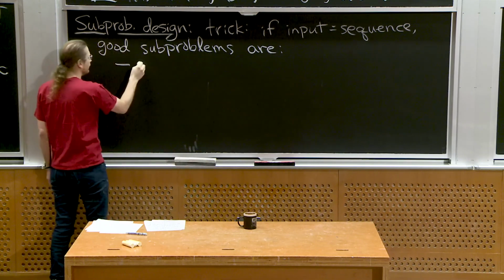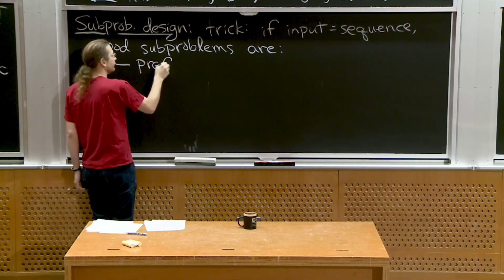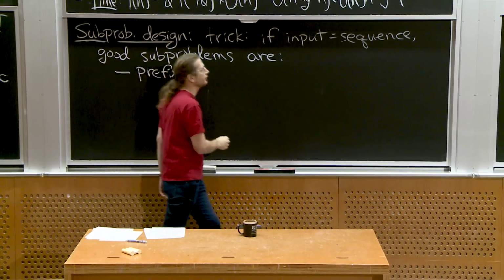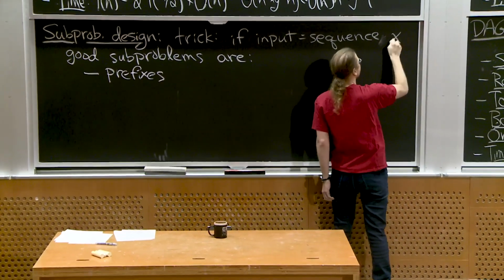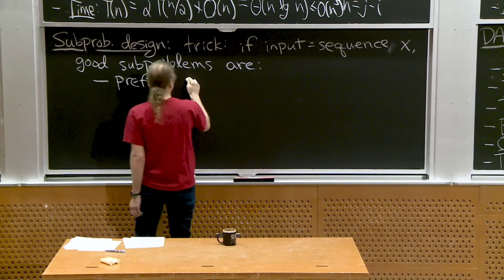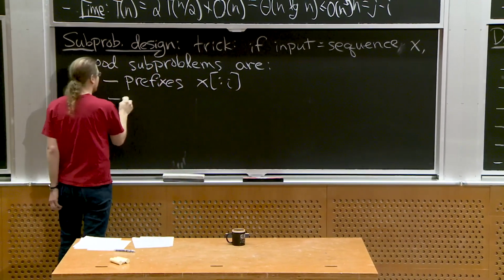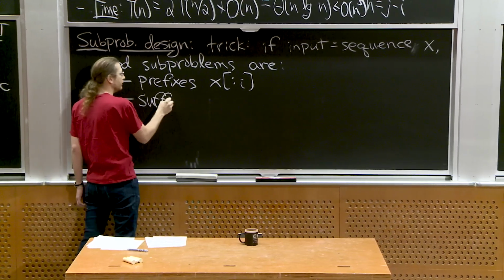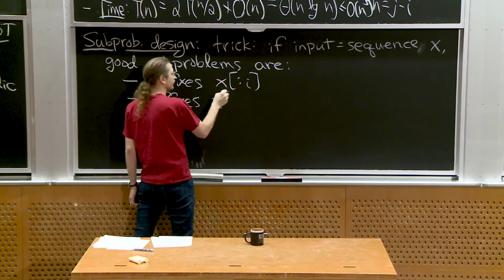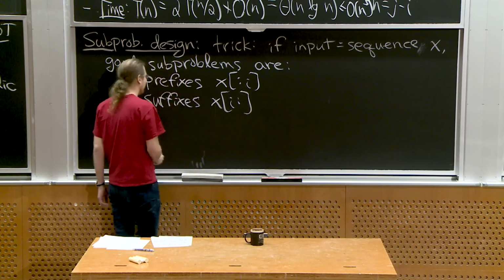We could do all prefixes. So let's call the sequence x. We could do x prefix, meaning up to a given i, for all i. We could do all the suffixes, x from i onward for all i.